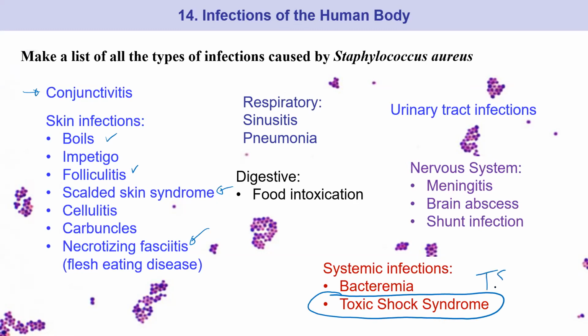It's called TSST-1 or something like that, basically toxic shock Staphylococcus toxin. I can't remember exactly, but you don't need to know the name of the toxin. Just know that there is a toxin involved that can cause that particular condition.